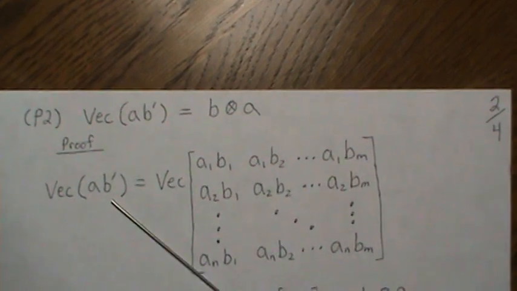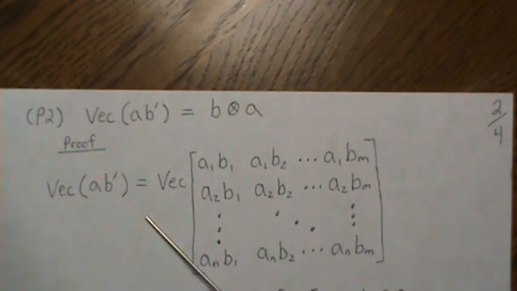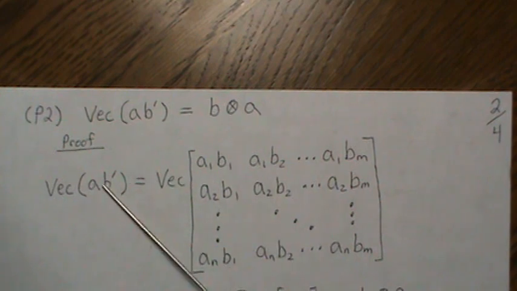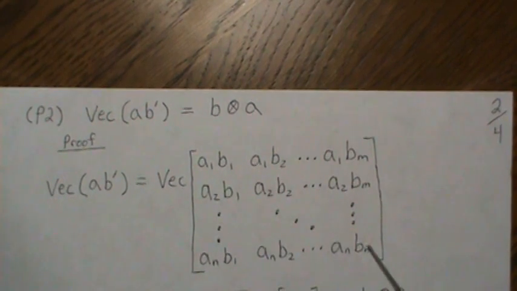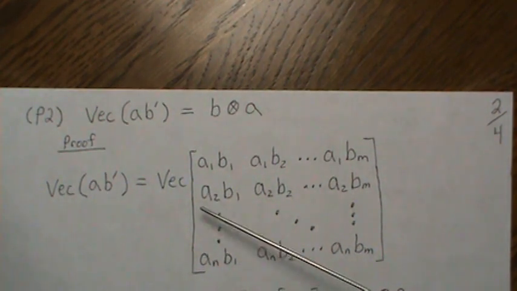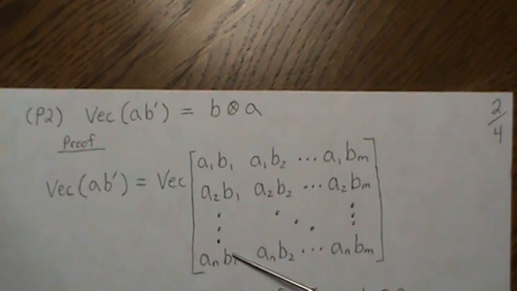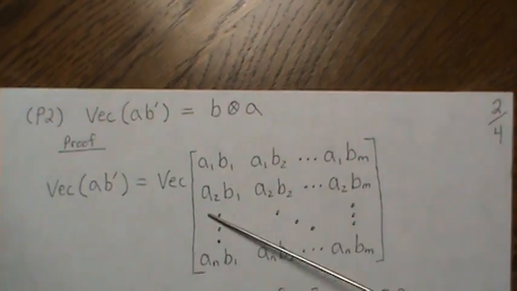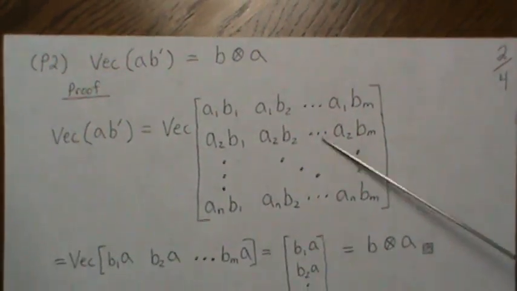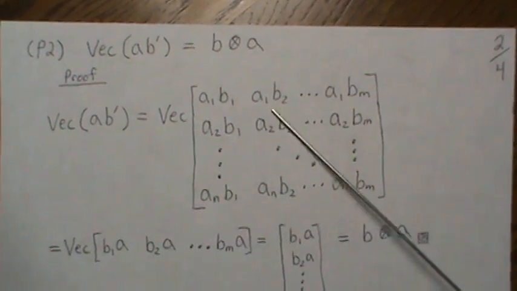So here we have the Vec of A. Now let's write out what this is. So the first component times the first component, second component. Anyway, so this is the vector multiplication. But one note is that you see this, it's B1 in all this column, and then it's the vector A, and this is all B2, and then the vector A. So this can be rewritten as, now I'm keeping the Vec the same out front, so we're only going to deal with this.